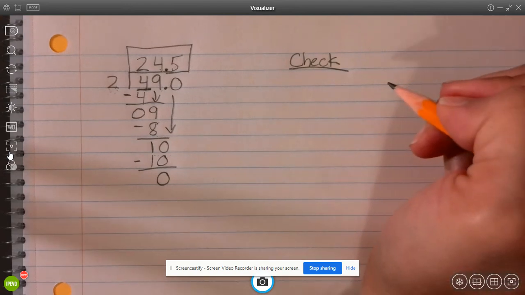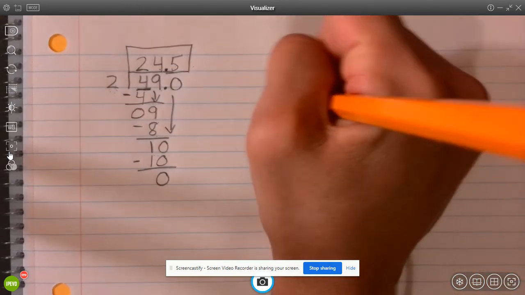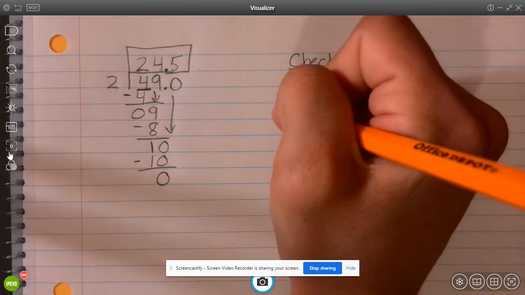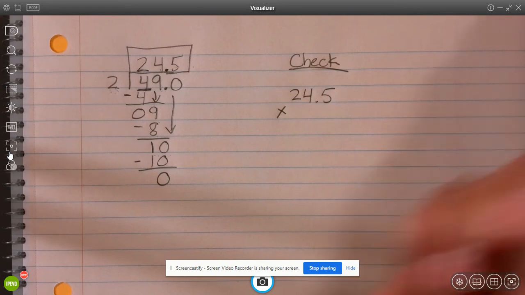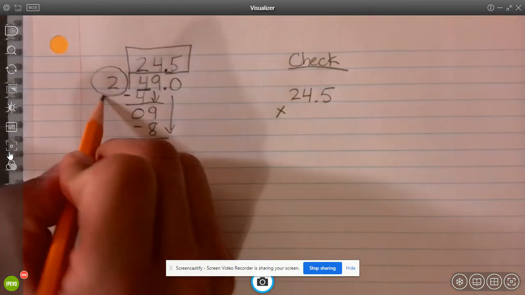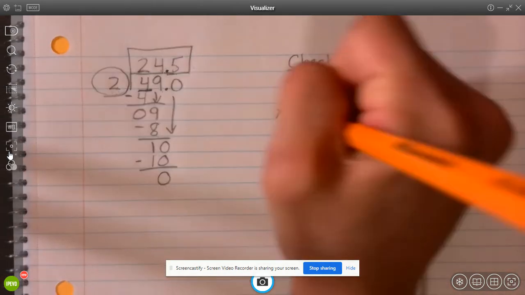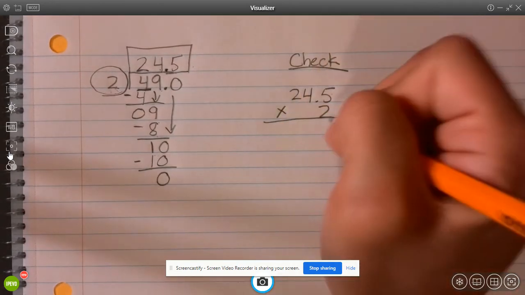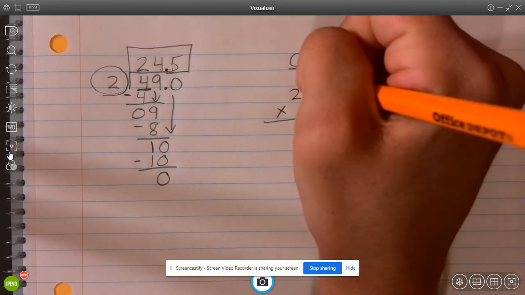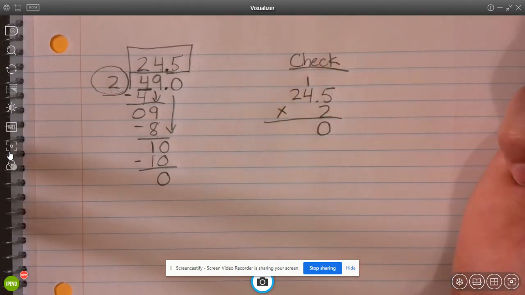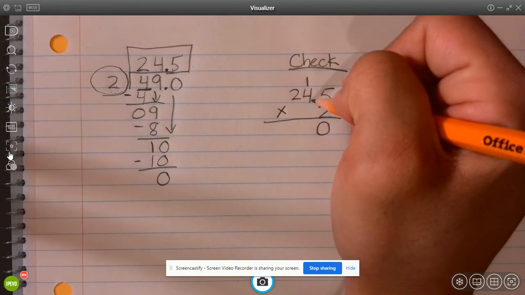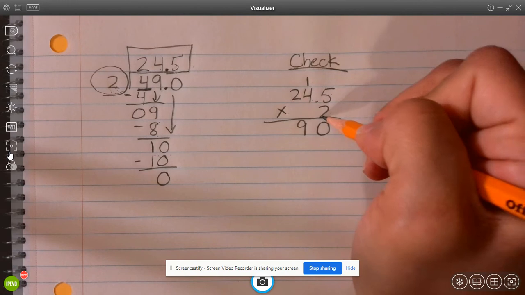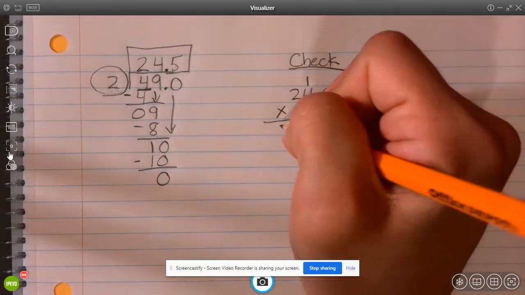So we're going to get our quotient, 24 and 5/10, and we are going to multiply it by our divisor, which is 2. 5 times 2 is 10. Put your 0, carry your 1. 2 times 4 is 8, plus 1 is 9. 2 times 2 is 4.